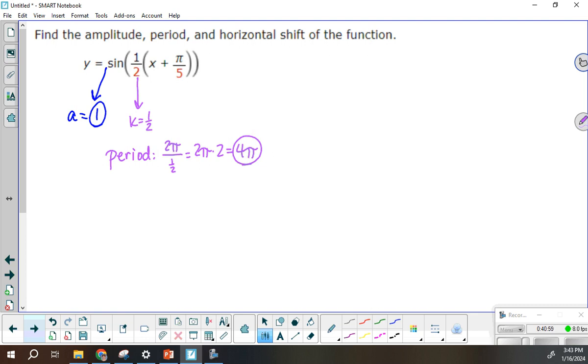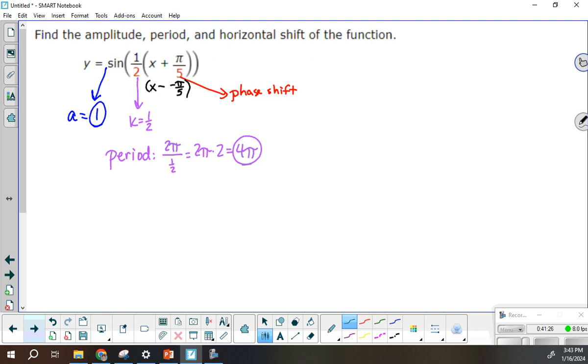Now, this is phase shift, or horizontal shift, whatever. We have to be careful, because this is a minus. I want to rewrite this as x, because that was a plus inside. I want to rewrite this as x minus a negative pi over 5.